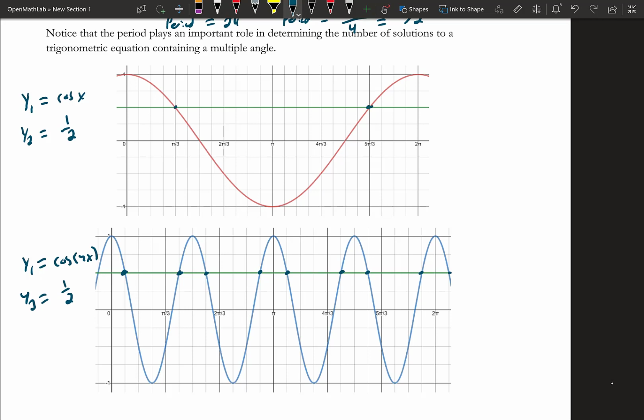So if we're looking at just between 0 and 2 pi, that's what we were asked to do, notice that there's just two solutions here. For the bottom one, there's 1, 2, 3, 4, 5, 6, 7, 8 solutions.